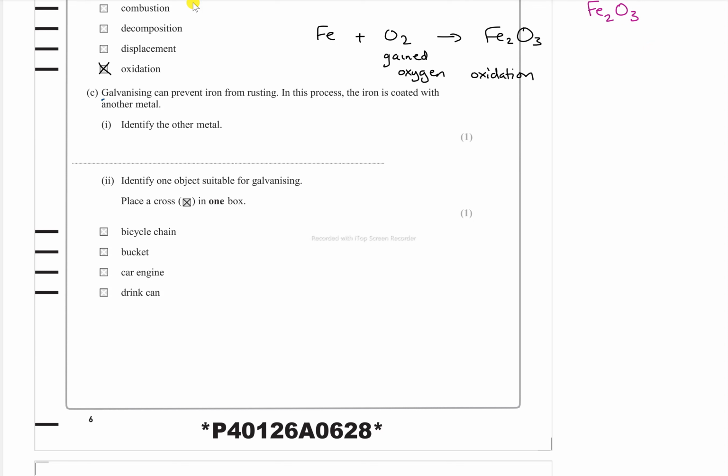Galvanizing is, right, there's iron. You put a layer of zinc on top.